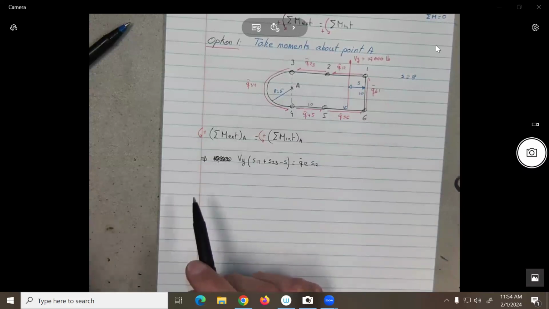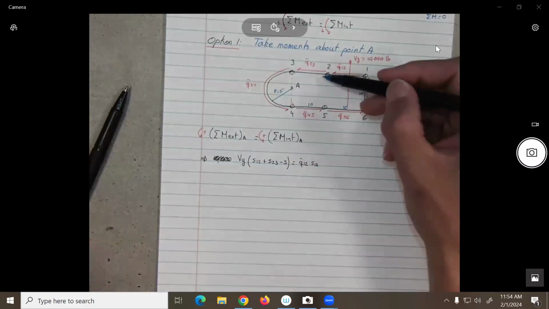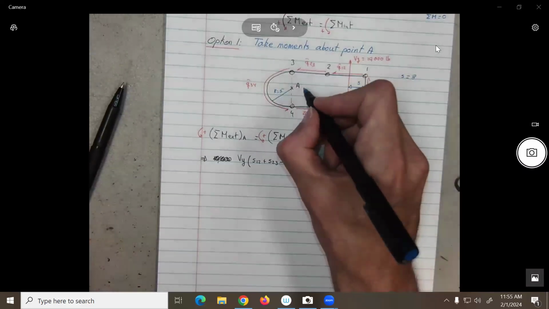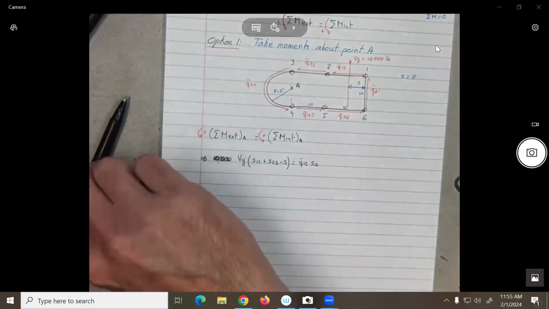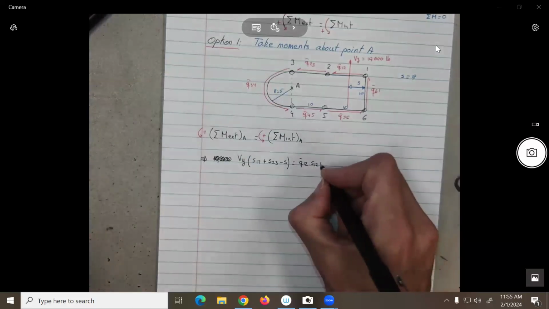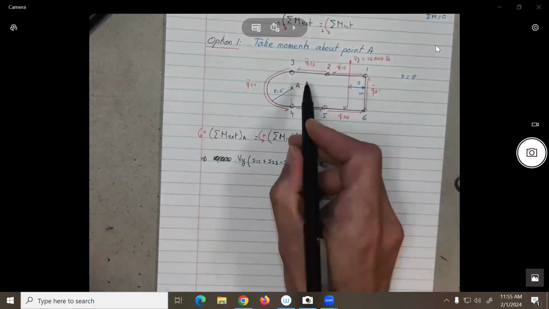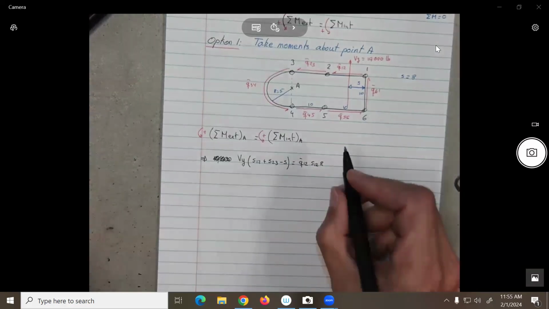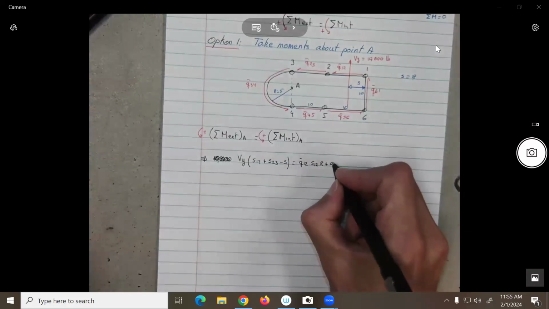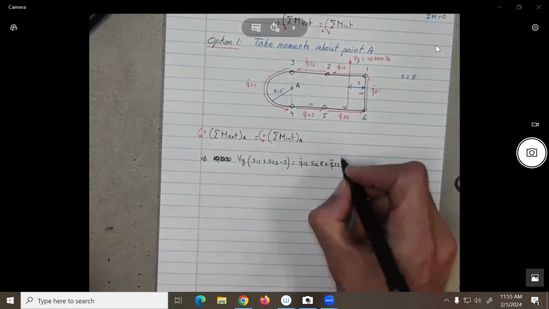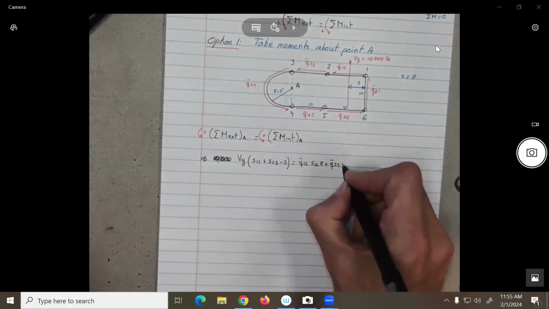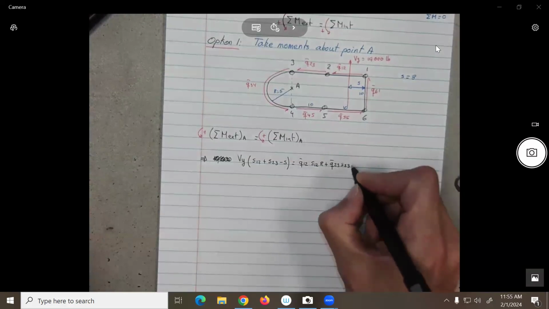What will be the distance? R. Okay, we can put R. It's not a bad idea. R. Now, we do the same thing for Q23. What are we going to have? Plus Q bar 23 times S23 times R.